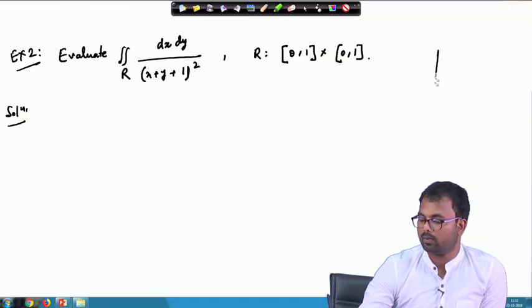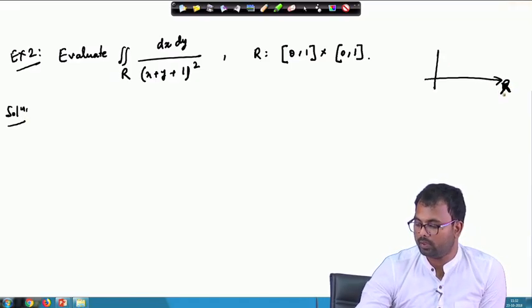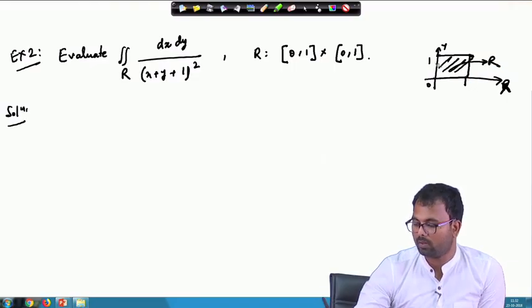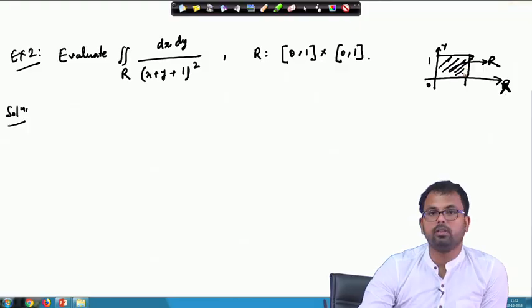So, here basically our given domain, or range of integration, is 0 to 1, 0 to 1. So, this is our rectangle.